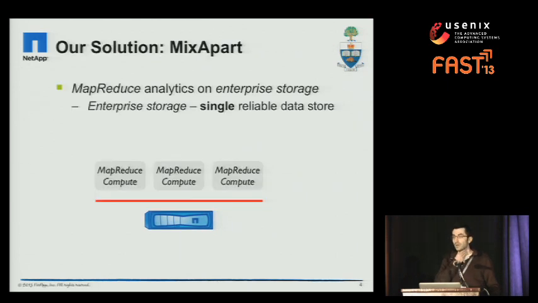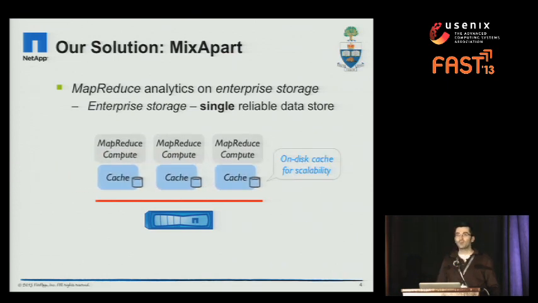With our system, MixApart, we're trying to run MapReduce style analytics for data in enterprise storage systems, off of NFS as an example. In our environment, the enterprise storage system is the single reliable data store, right? So there's no more HDFS. For scalability purposes, we still rely on the local server storage, the local disks.